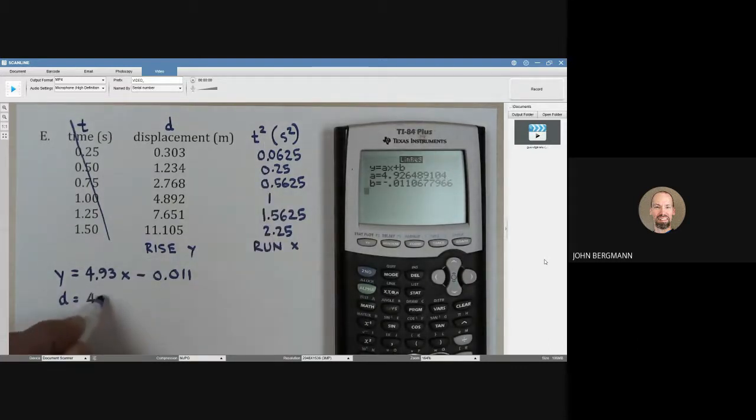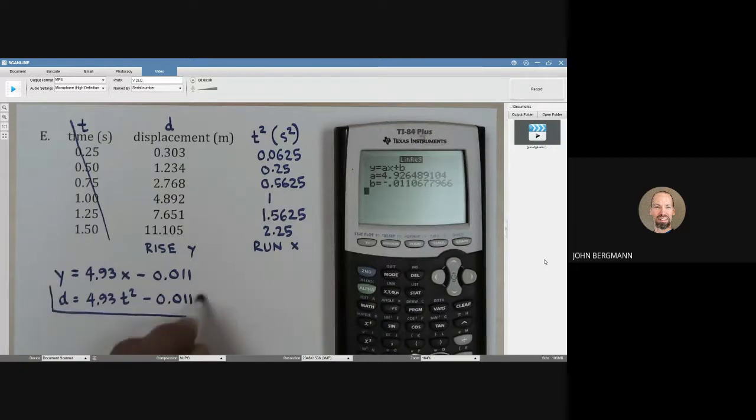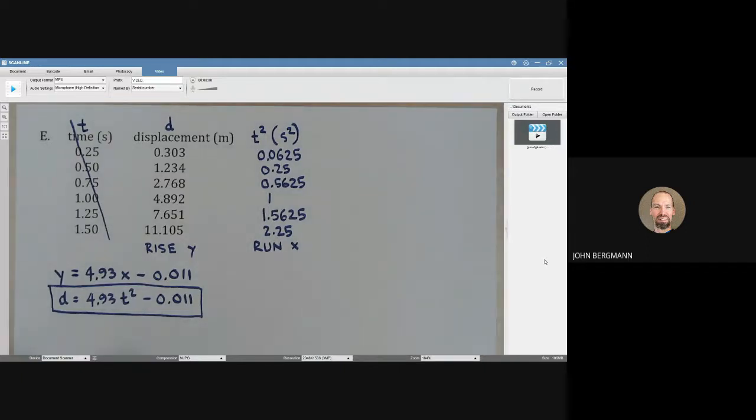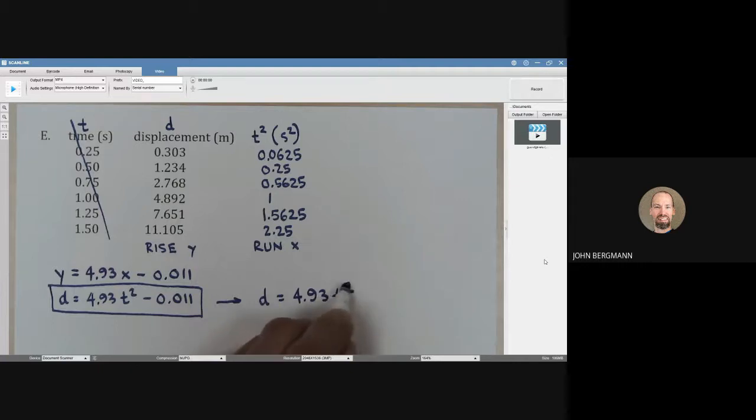So there you go. Very often, I've said this several times now, this intercept will be a very small number in comparison to the rest of this, which is not always the case, but let's say it is here. So we can pretty much approximate this equation as 4.93 t squared.